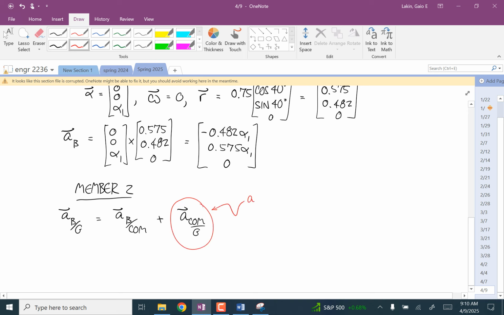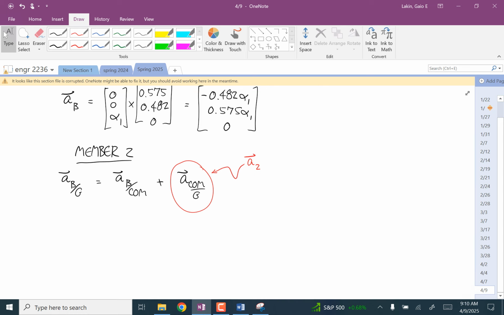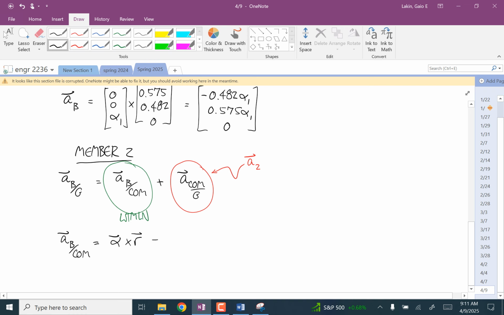We already have a name for this. This is our A2. This is the watermelon equation, but it's going to simplify even more than that in this case. So the acceleration of B relative to the center of mass is equal to alpha cross R plus omega cross quantity omega cross R.